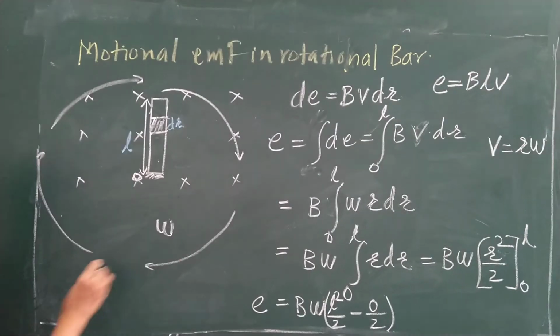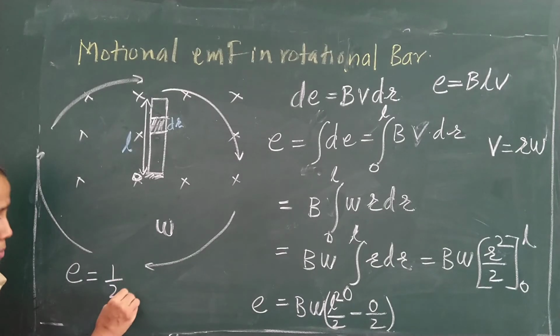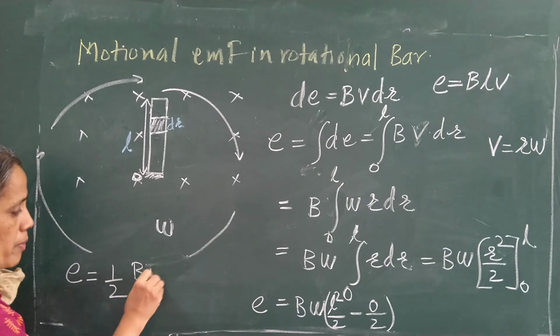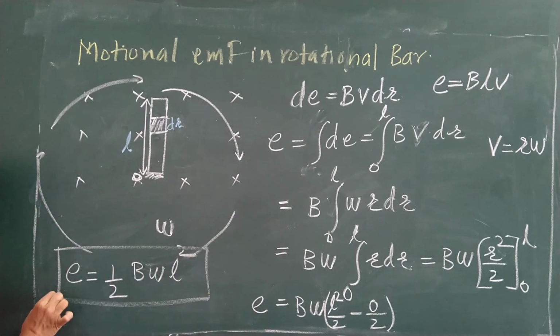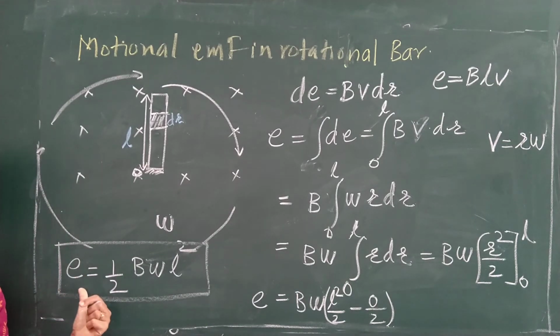Now in that rotating bar, the EMF induced is one-half B omega L squared. So this is the EMF produced inside the rotating bar in a uniform magnetic field.